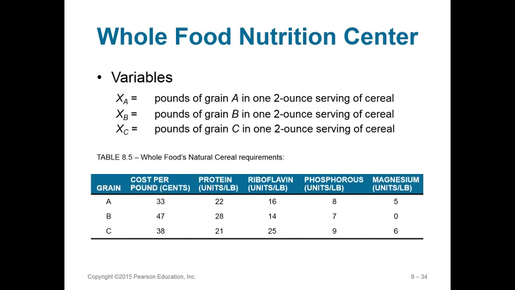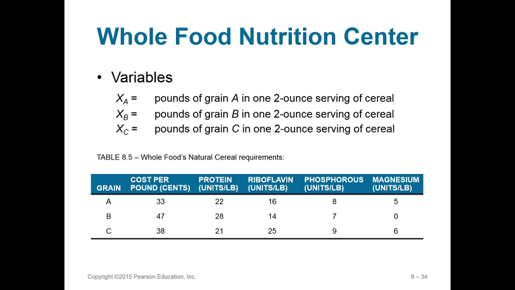And we get that 2-ounce serving right there in this slide. You need to have pounds of grain of A or B or C, and you need a certain amount of A, B, and C within that 2-ounce serving.